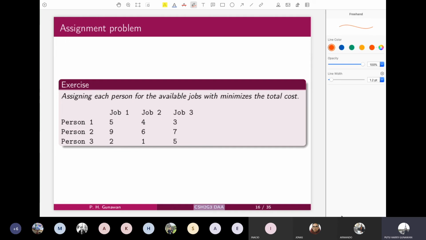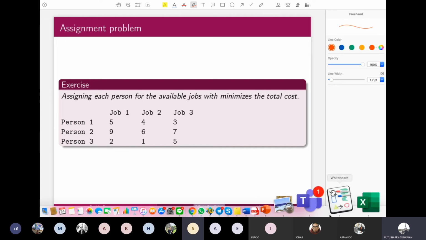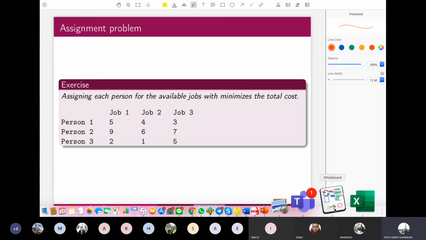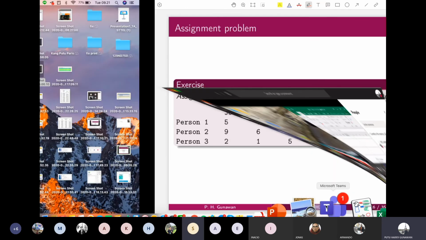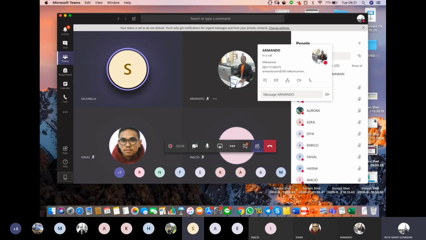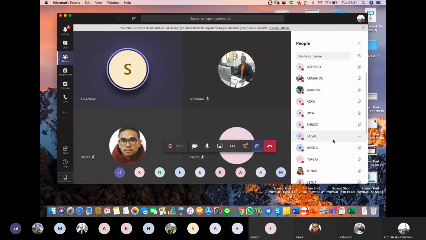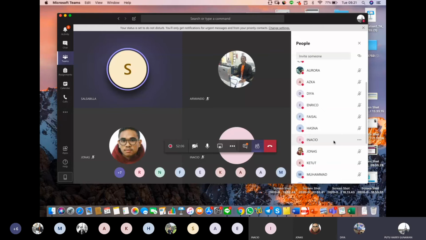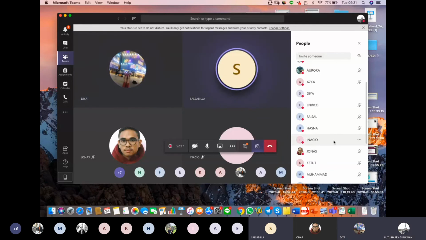Anyone can help me to solve this one? Maybe you can share your work. If you have a whiteboard, you can also share your whiteboard. Who wants to share? Yes, sir.